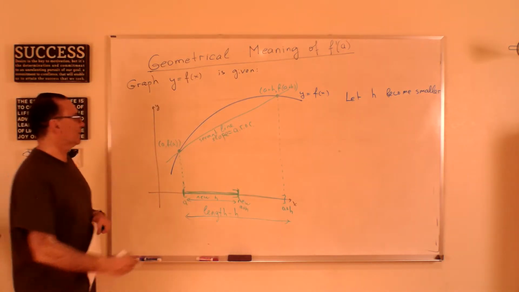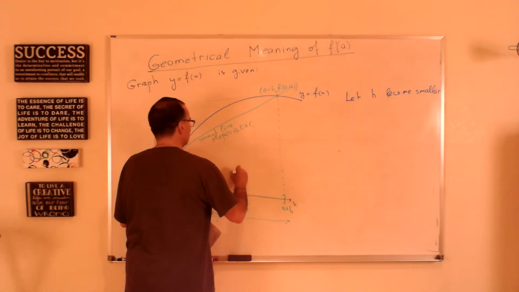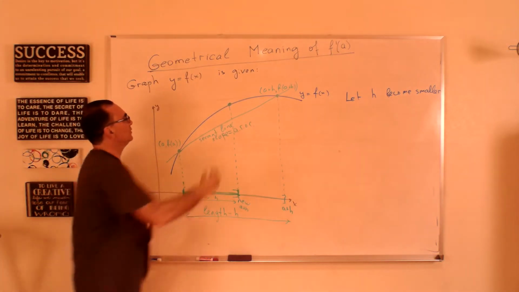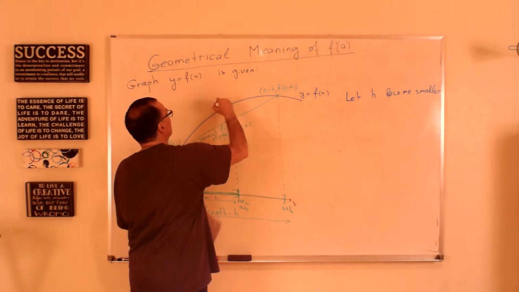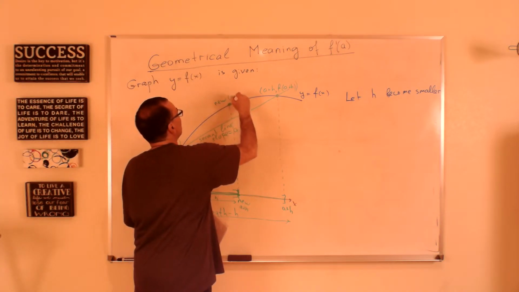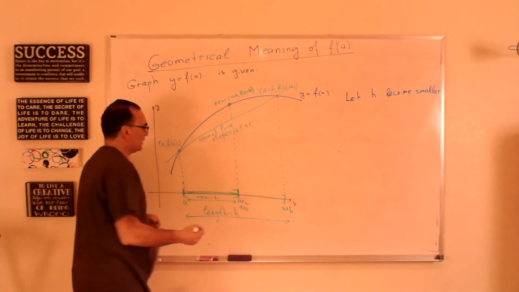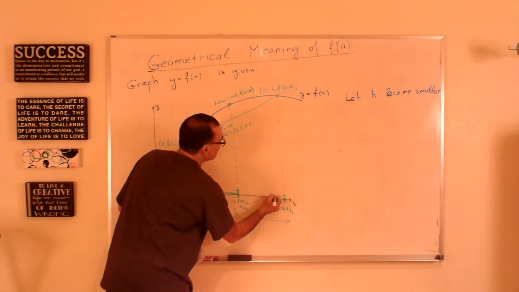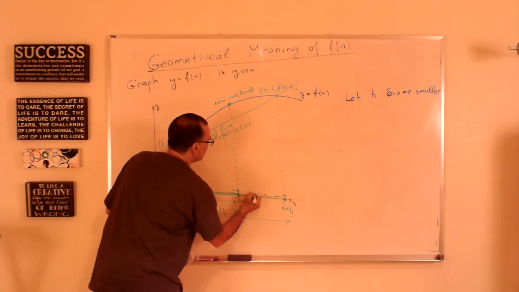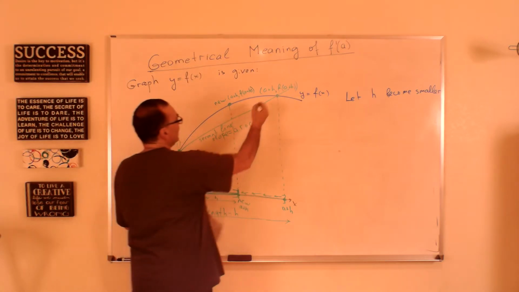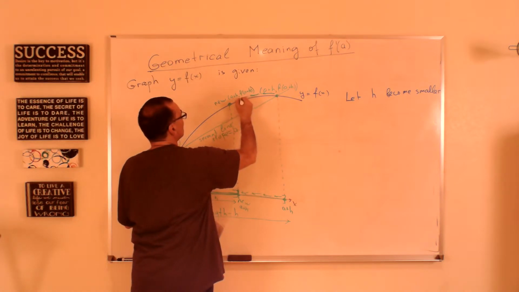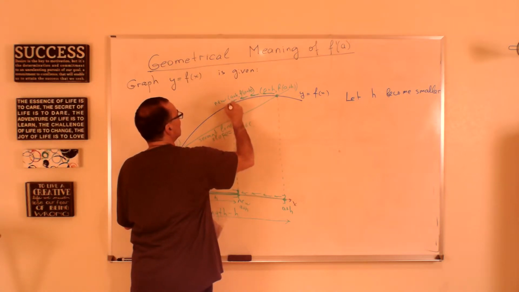Let's see what happens on the graph. So this point will lift to the graph, and this position here will be the new a plus h, f of a plus h. So it's like thinking that the right hand end of the interval moves to the left until it stops here, and the corresponding point on the graph moves along the graph this way until it stops here.